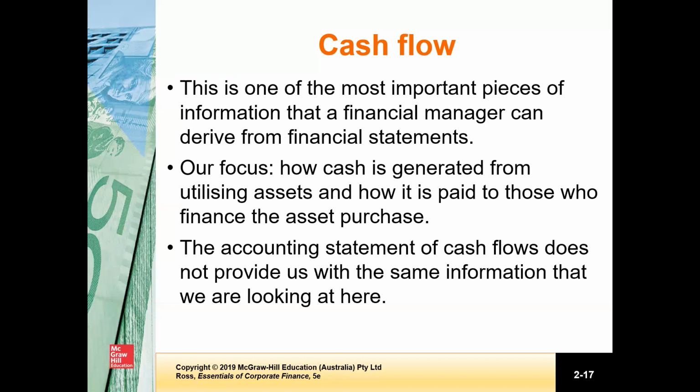From the statement of financial position identity, we know that the value of a firm's assets is equal to the value of its liabilities plus the value of its equity. Similarly, the cash flow from the firm's assets must equal the sum of its cash flow to creditors and the cash flow to shareholders.